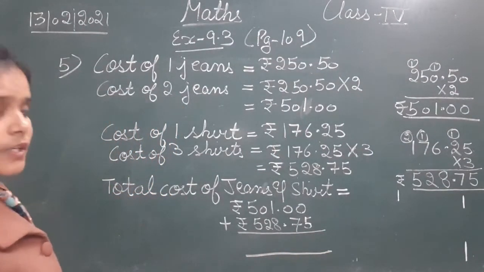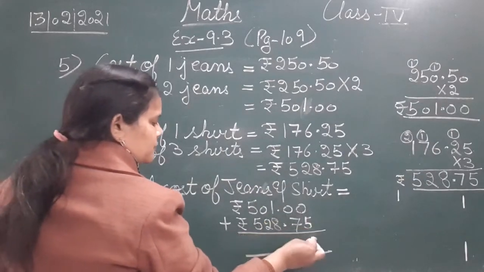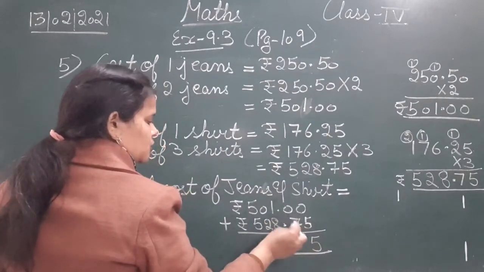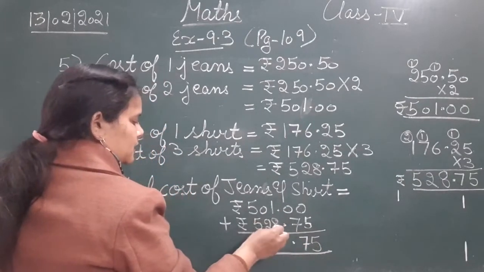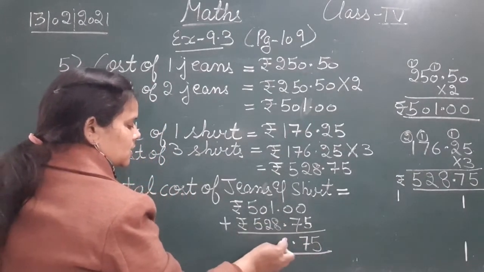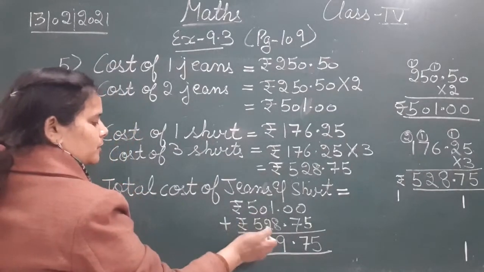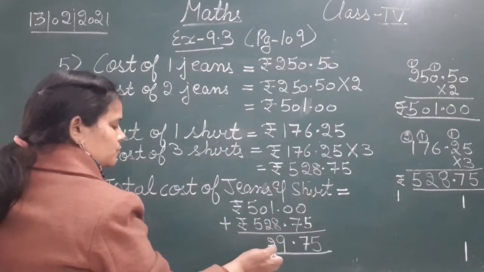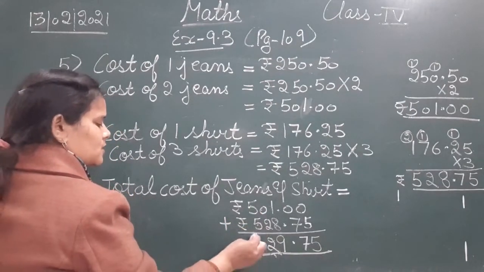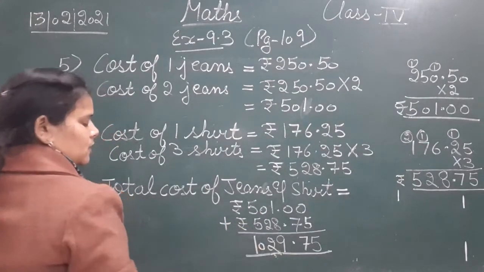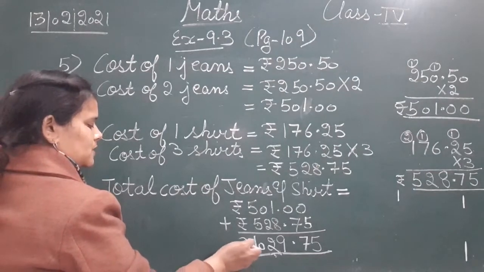Clear? Chaliye. So 0 plus 5, 5, 0 plus 7, 7, 1 plus 8, 9, 0 plus 2, 2, 5 plus 5 is 10. And here we will put the rupee sign.